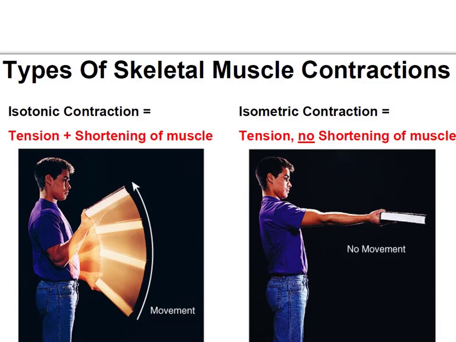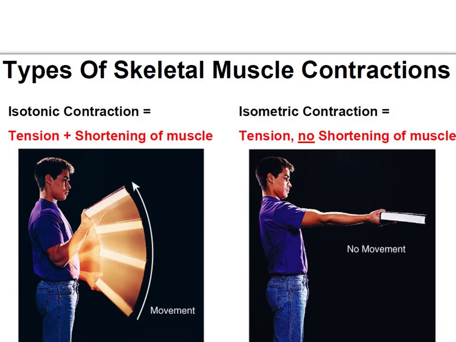So initially, when you're increasing the tension but your muscles aren't shortening, that's isometric. But then once you engage enough motor units, your muscles start shortening, you start moving the bar. Now, the tension, the strength isn't going to change, but your muscle's shortening. That's isotonic. You see the difference between the two?